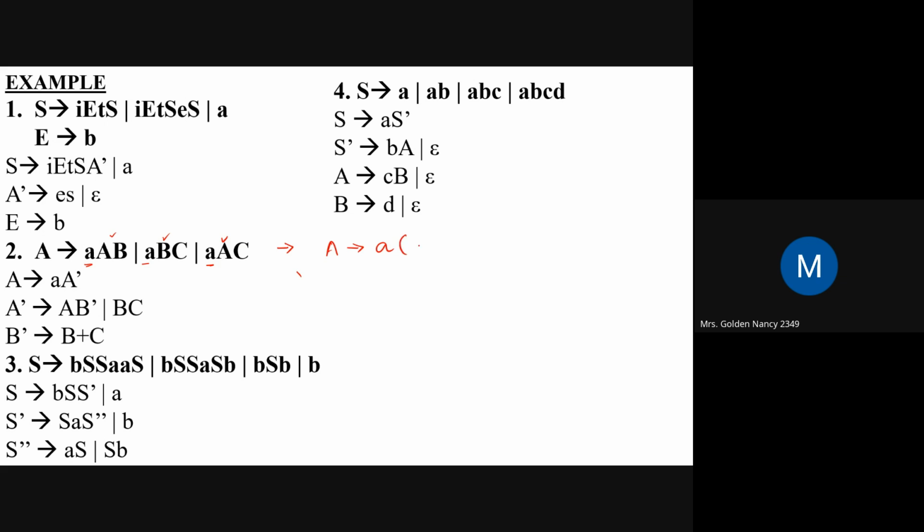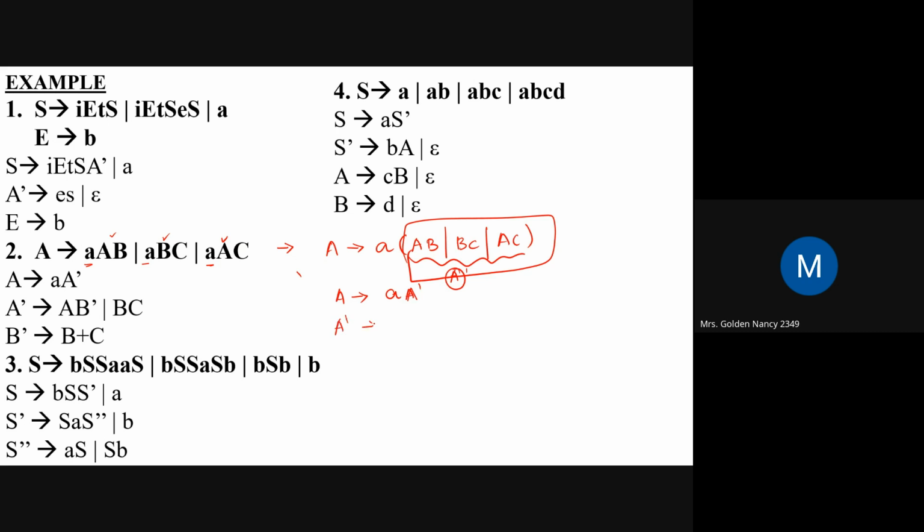If I take small a common, what will be there? AB or BC or AC, I'll take as common. So I'm making this a new production A dash. Now I'm rewriting my production: A gives a A dash, replacing the common part with A dash.